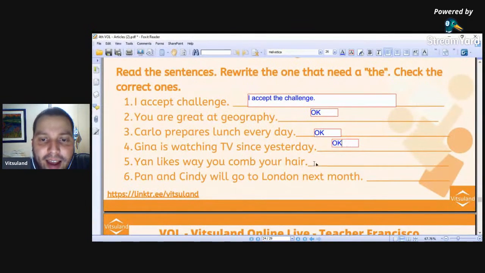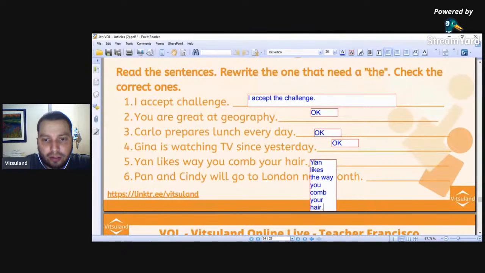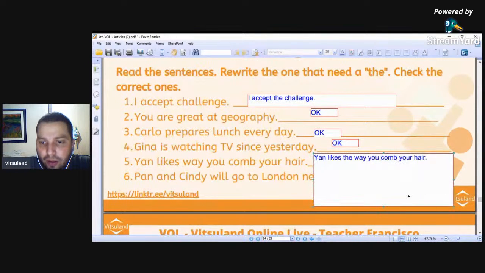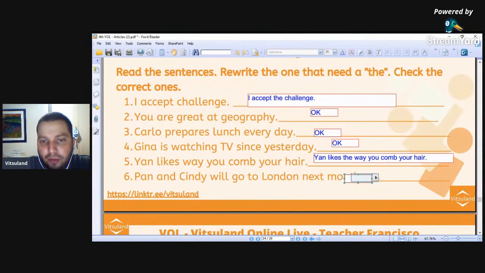In this case, we're going to use "the," okay? Jan likes the way you comb your hair. It's a specific way. It's not any way. The way you comb your hair is a specific way.